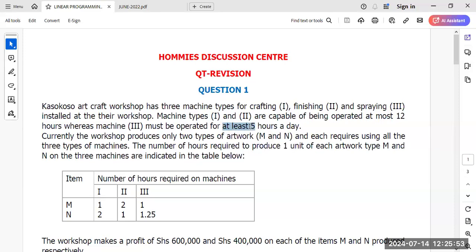The moment you see the word at least or at most, it means that machine 1, machine 2, machine 3 cannot be your decision variables. Those are constraints.